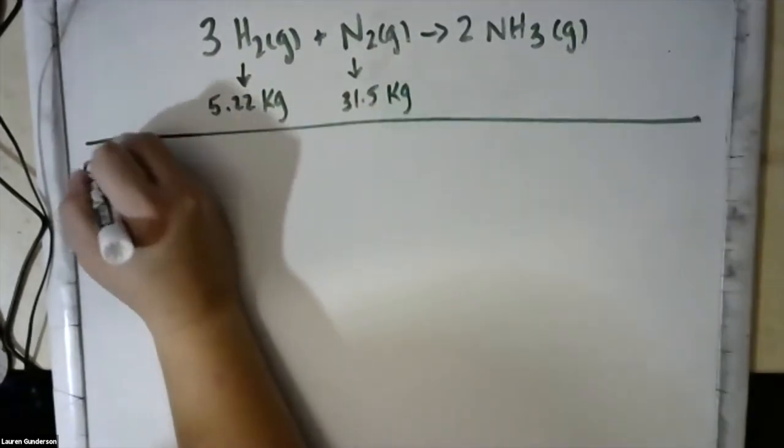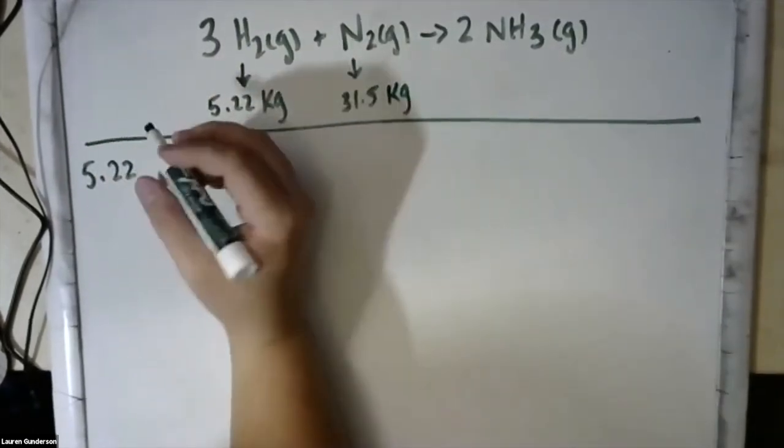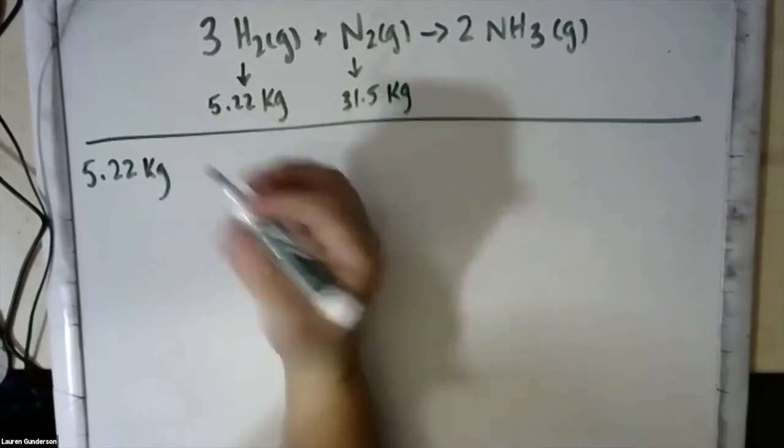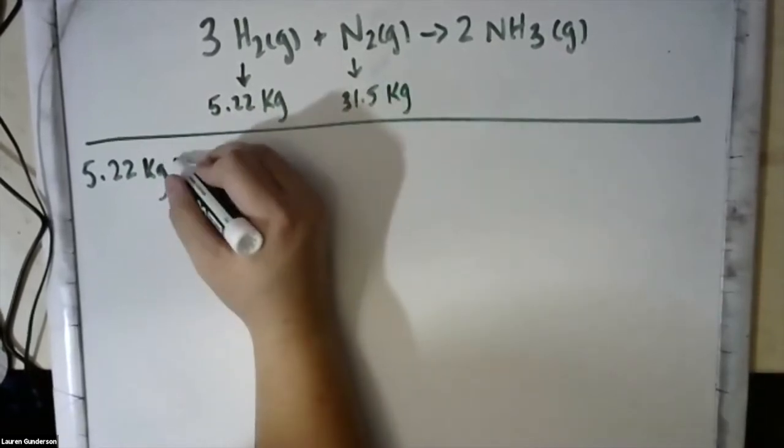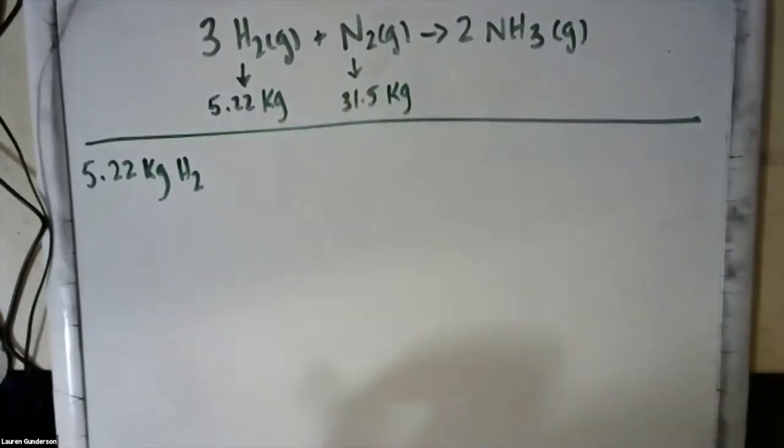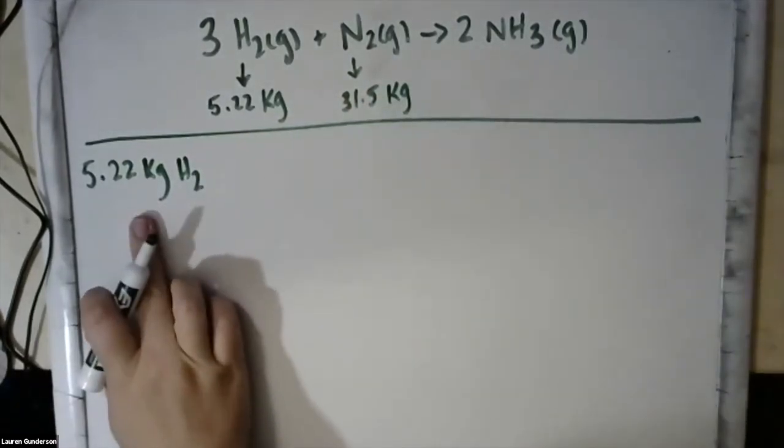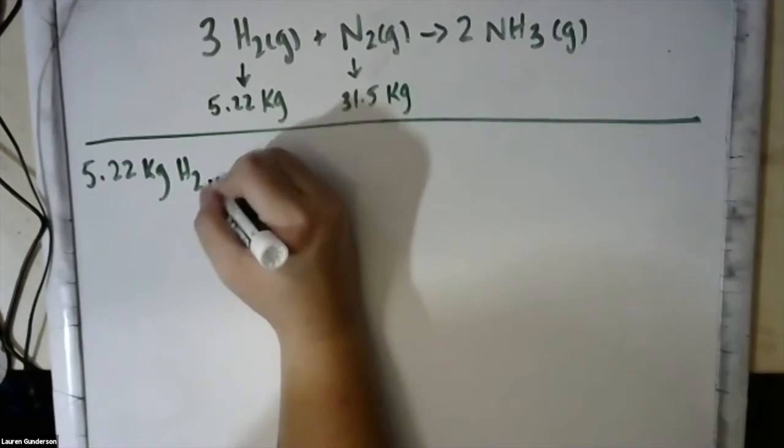Okay, so let's start here. We have 5.22 kilograms of hydrogen gas. The first thing we want to do is get rid of this metric prefix and convert our kilograms into grams.